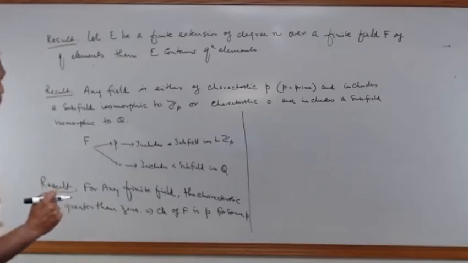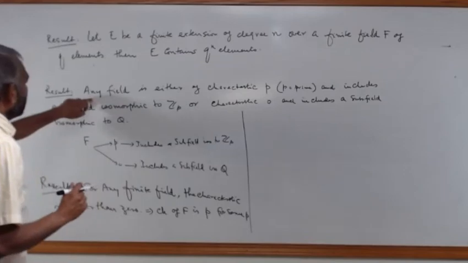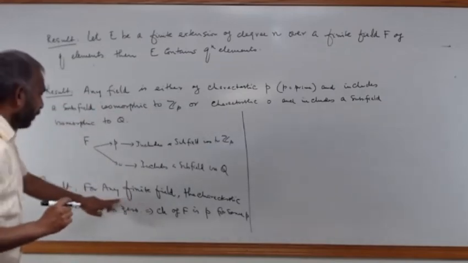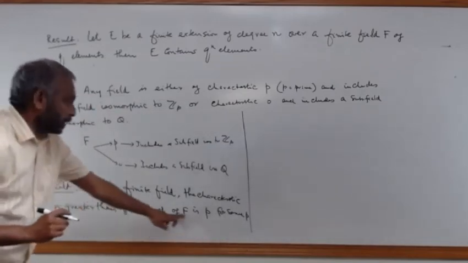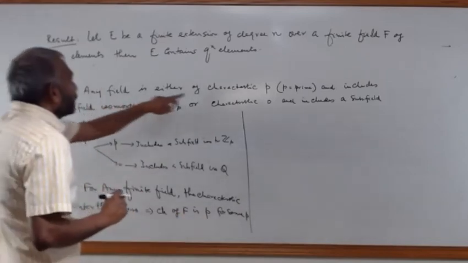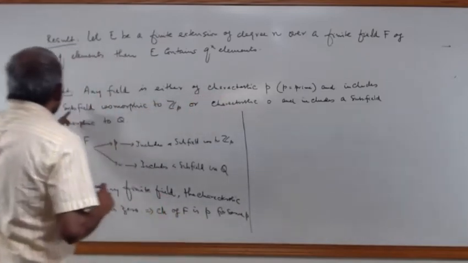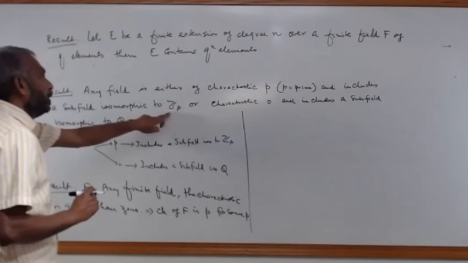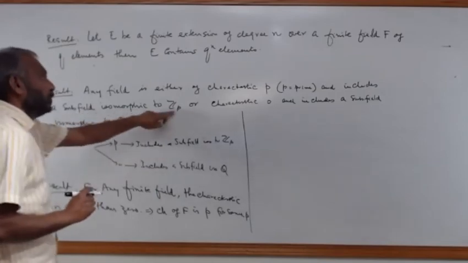So this says that if a finite field is of characteristic p, then it includes a subfield isomorphic to Zp.